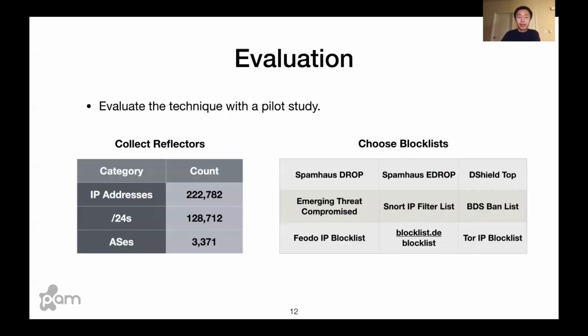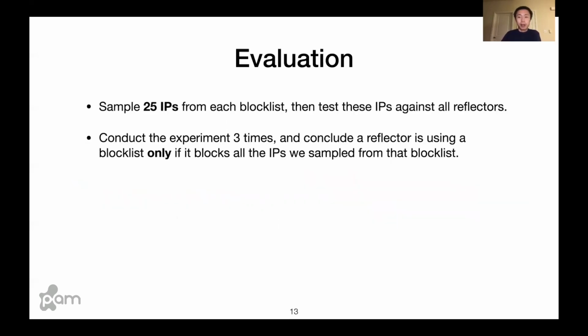In the end, we select over 200,000 reflectors and 9 blocklists. In each blocklist, we sample 25 IPs and test these IPs against all the reflectors. We repeat this experiment 3 times and conclude a reflector is using a blocklist only if it blocks all the IPs we sampled from that list.